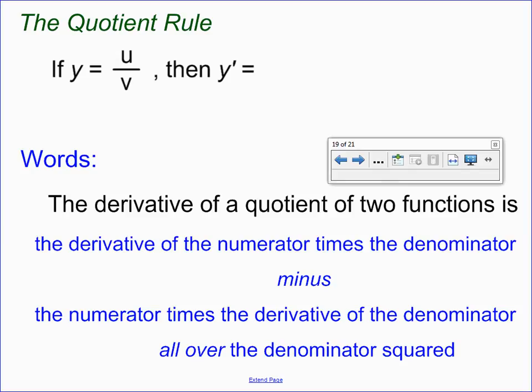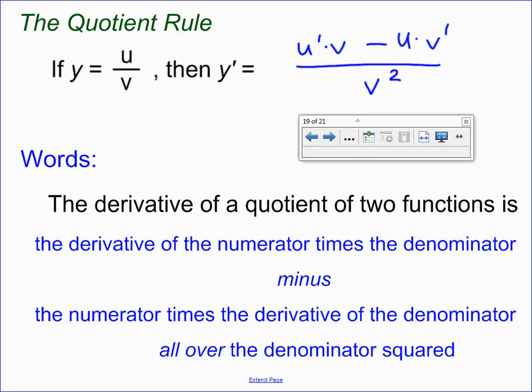With prime notation. Savannah? The derivative of u over v, u prime times v minus v prime times u over v squared. Awesome. So we've got u prime times v minus u times v prime all over v squared.